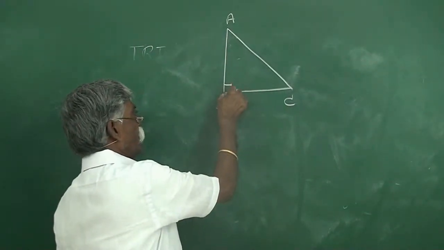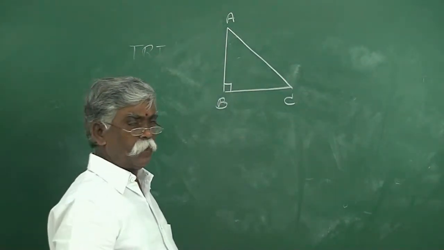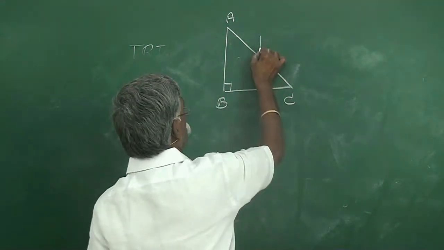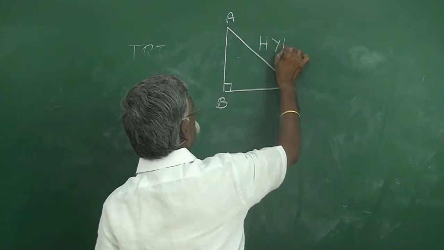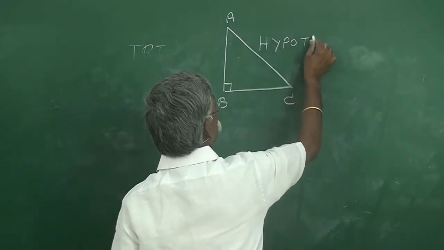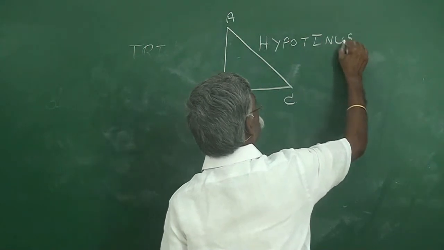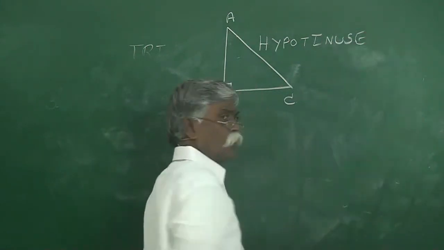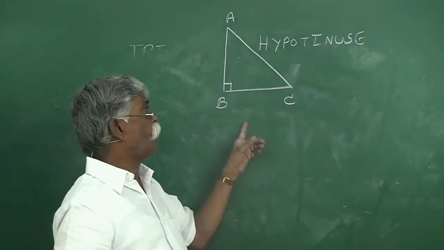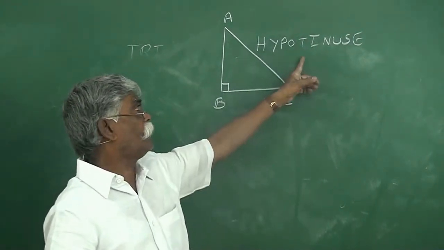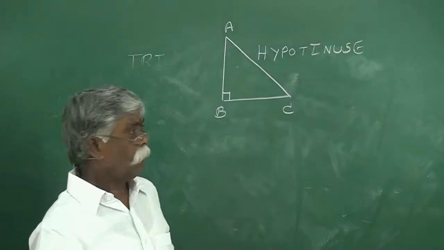The right angle is at B. The side opposite to the right angle is called the hypotenuse. So the side opposite to the right angle in a right angle triangle is called a hypotenuse.